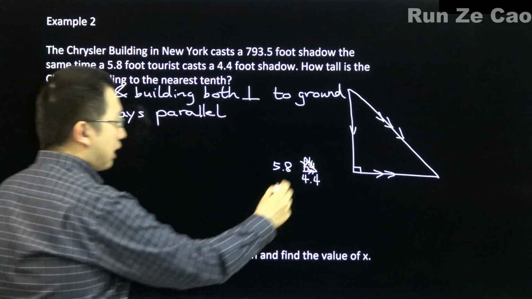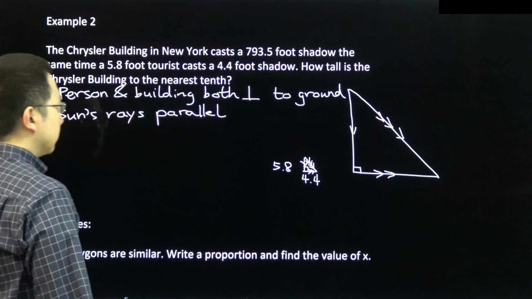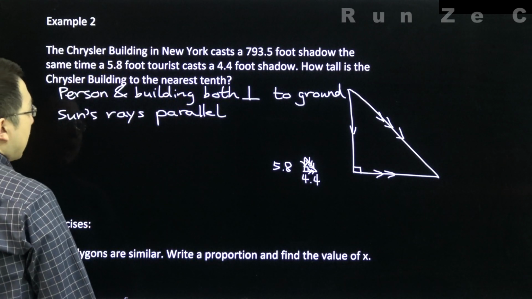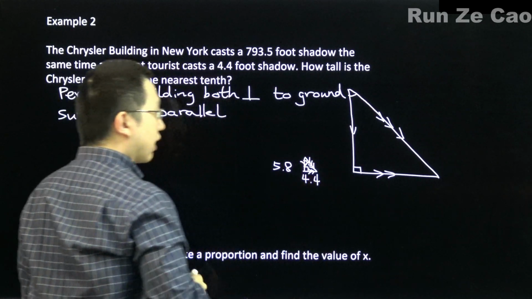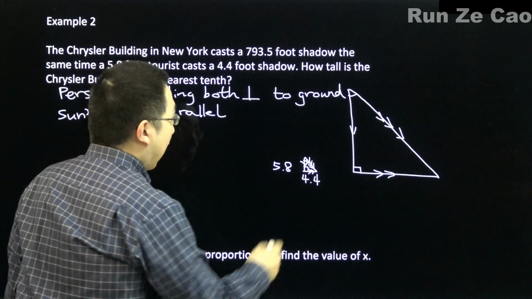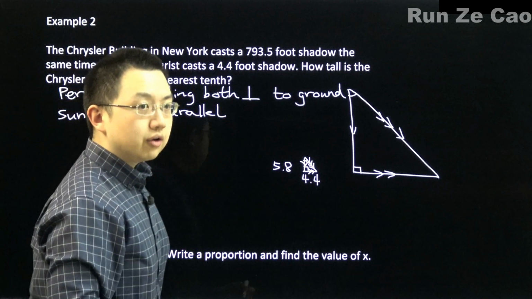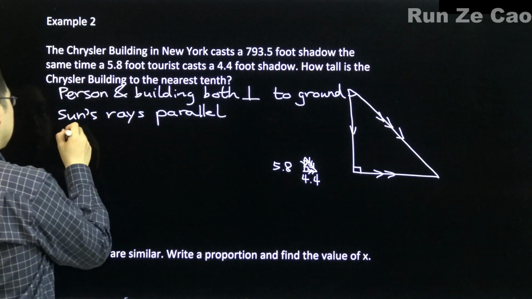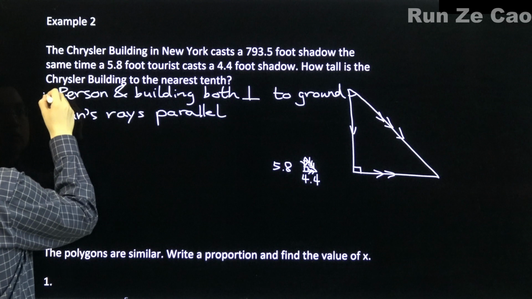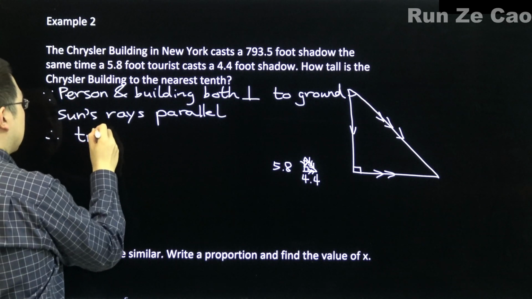You can say that the ground is a continuous line if you like. The point is that because the angles they make with the sun's rays are the same, and these are right angles here, you have angle-angle similarity of triangles. Because of this, the triangles are similar.